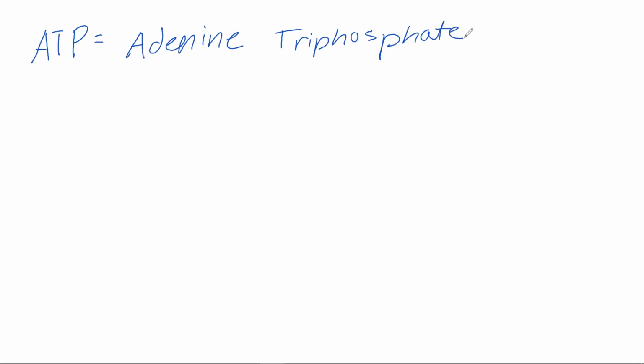Now, if you don't remember, adenine is one of your bases for DNA. So when you draw out an ATP, you should have a 5-sided ribose sugar, a nitrogen base here that is the adenine type, and then you should have 1, 2, 3 phosphates, right? Triphosphate, 3 phosphates.